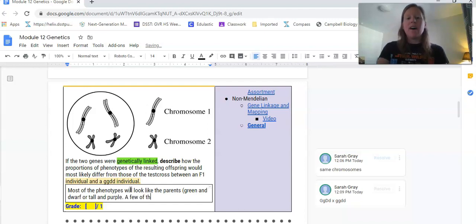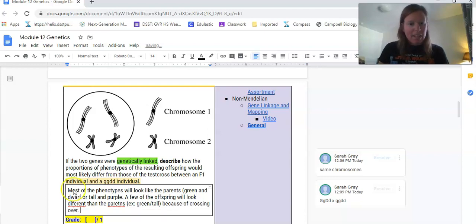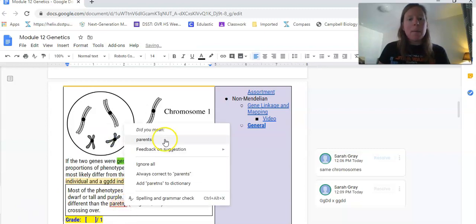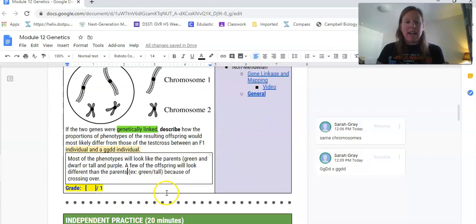A few of the offspring will look different than the parents. So for example, green and tall, because of crossing over. So again, I'm saying most of my phenotypes are going to look like my parents because the genes are linked. So I've described what I would see happening.